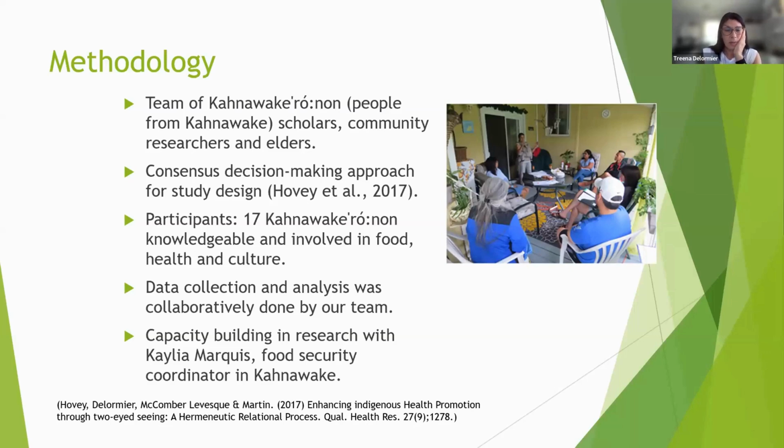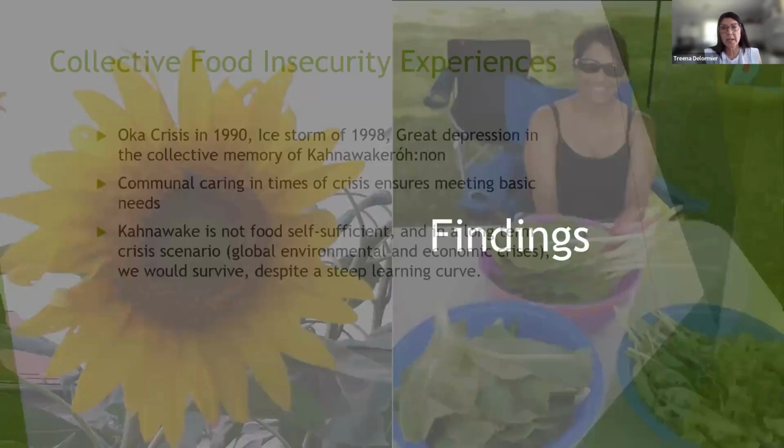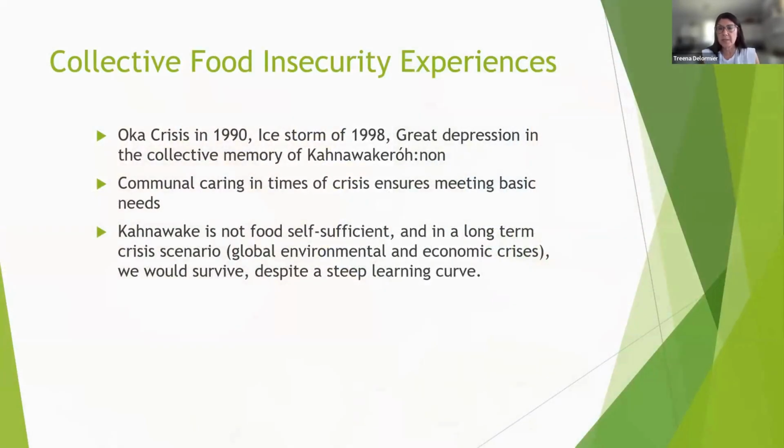And then we were also building capacity in research with Kalia, who had a baby on her chest at the time, because she was interested. So she became a community researcher. So our research always tries to build capacity both ways. So just a few findings from this research that looked at experiences, hearing people's stories and trying to understand where we can improve food security.